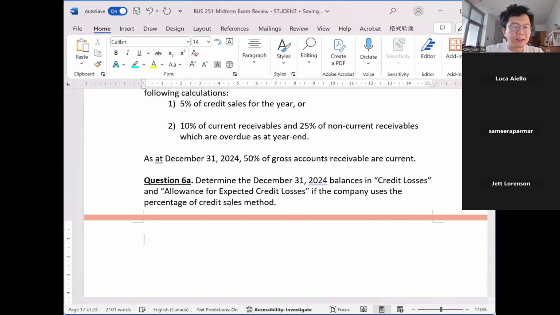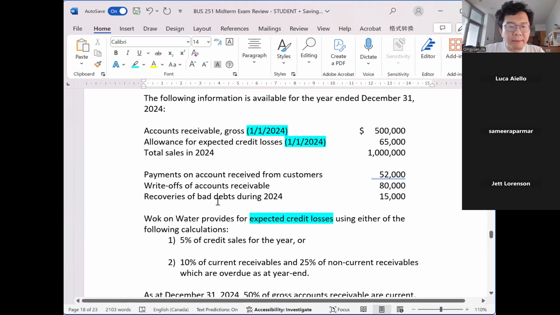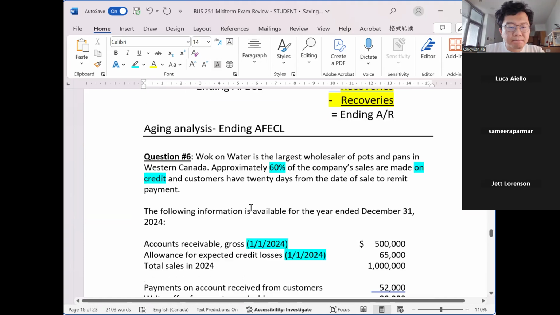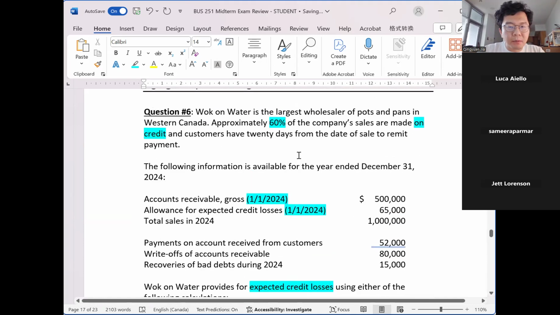So we can simply list what we have. We are using this credit sale method. So credit sales, we have 60% of the company sales are on credit.